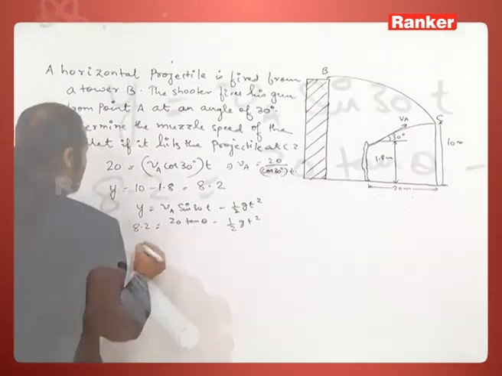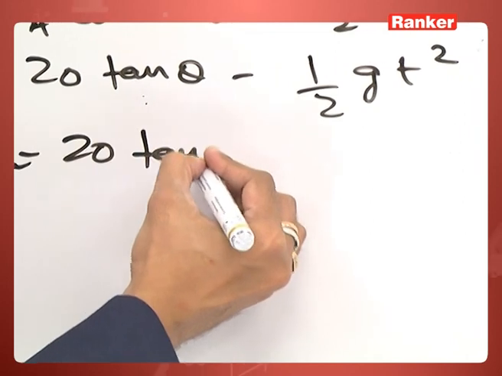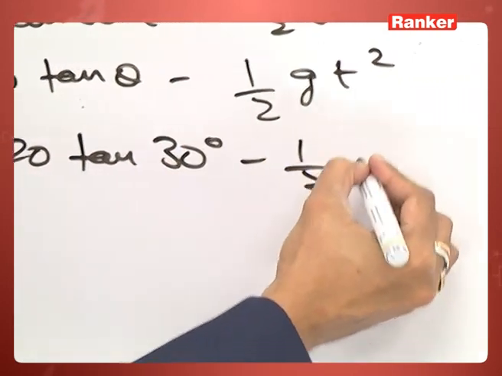y is 8.2. 8.2 is 20 tan theta, tan 30 degree, minus half g T square.